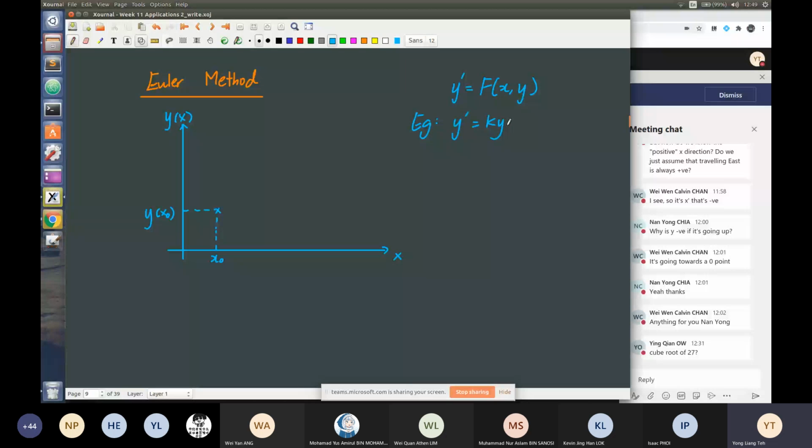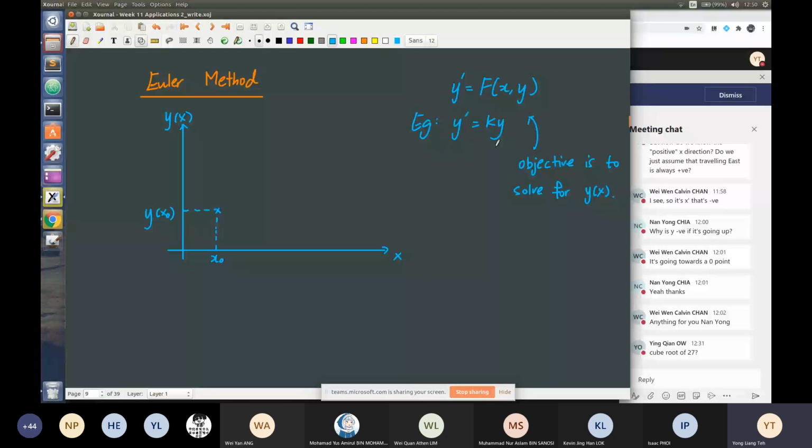So the objective is to solve for y of x. You do not know y of x, and you want to solve it from the differential equation, but you know y prime.